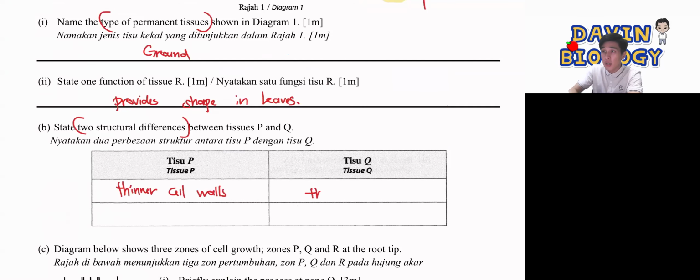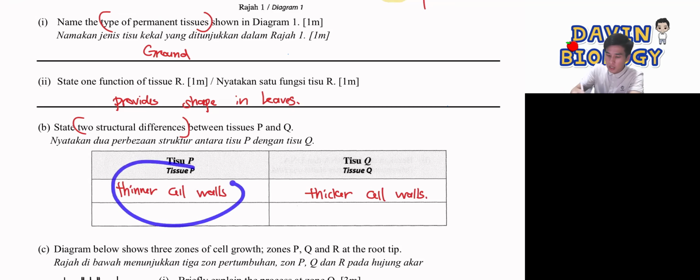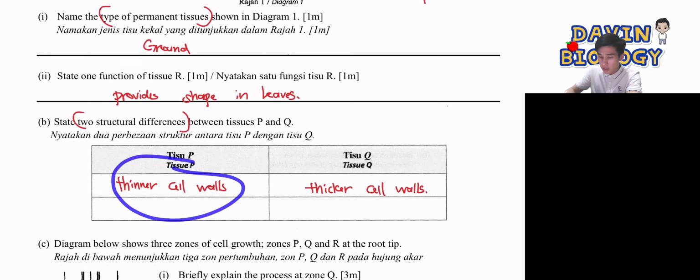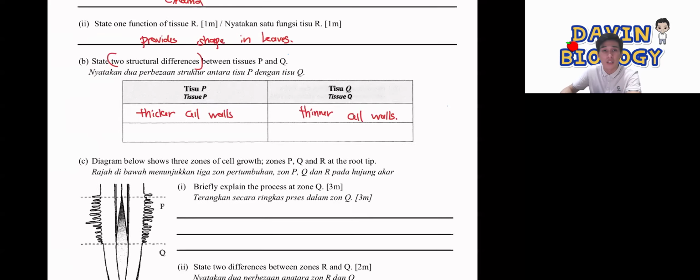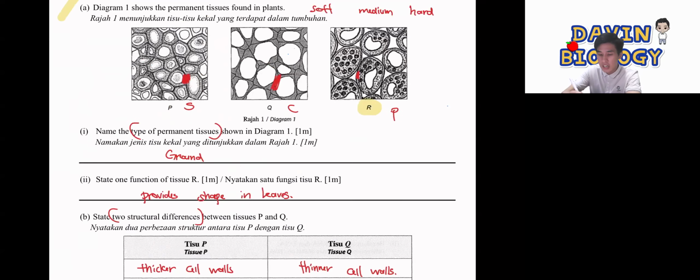This one has thicker cell walls. Besides the size, the cell walls are made up of different structures. Okay, yes, Suzanne, very good. Exactly. Why the cell walls of... I made a mistake. This is thick. Sorry. P is thick. This is thin.